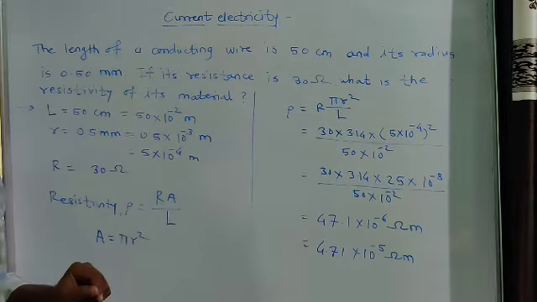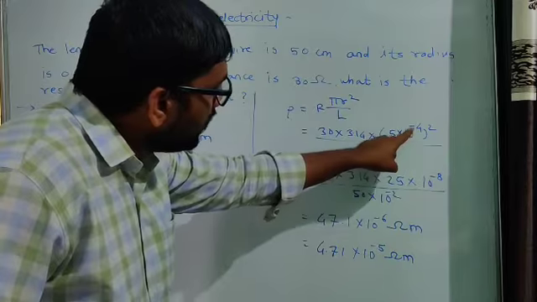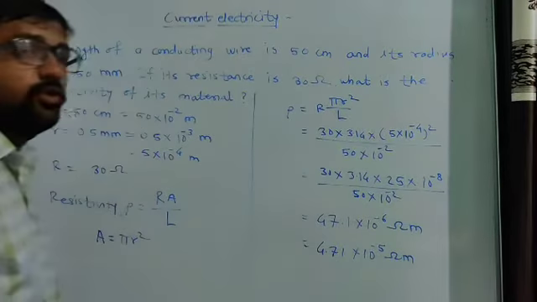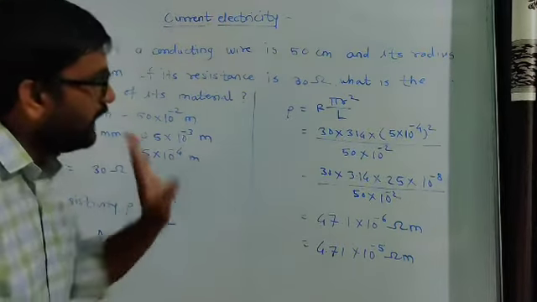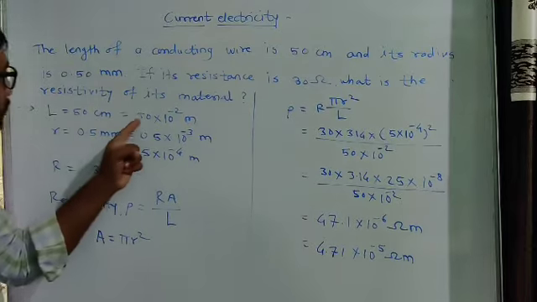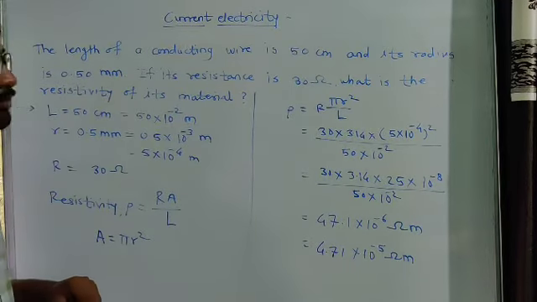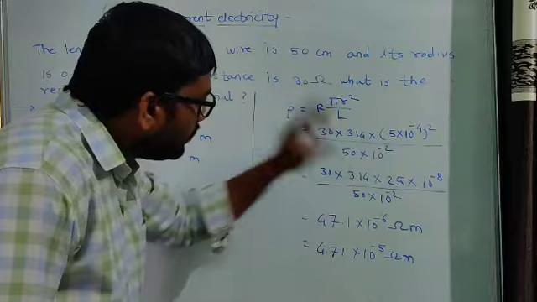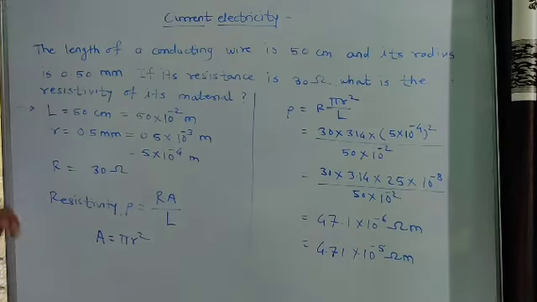Now r square, where r is 5 into 10 raised to minus 4 meter, so we take 5 into 10 raised to minus 4 and its square, divided by L. L is 50 into 10 raised to minus 2.